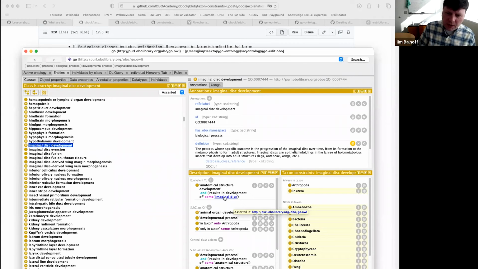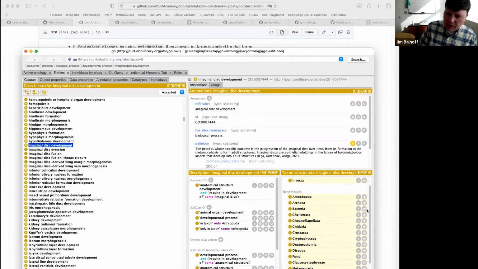So this says it results in development of imaginal disc. Probably Uberon says that that's only in insects. And so this is inheriting that more specific one, which is still compatible, but just making it even more specific. And then for never in taxon, usually you're going to have a list of taxa here, because it's the non-redundant, most specific set of taxa that this can't be in.